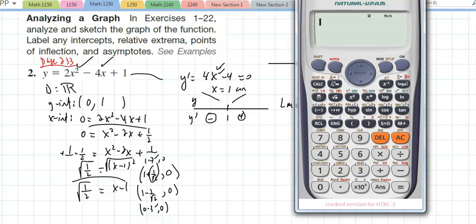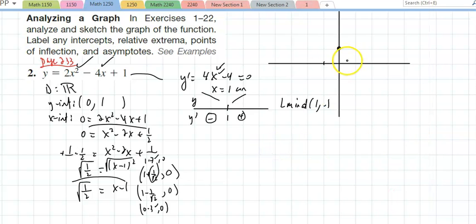If you're not sure how to get that, take 1 plus 1 divided by radical 2, and that gives you 1.7, and with a minus, 0.29, which is 0.3. So now everything should match up. 0.3 is right there, and 1.7 is right there.